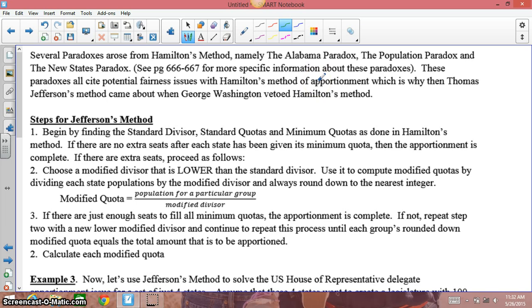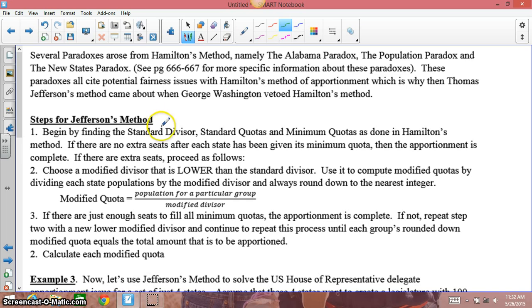It's not a huge concern in the class, but history-wise, if you're wondering, if you've got Hamilton's method, what's wrong? Why don't we just go with it? There are some issues that came up with that. So historically they moved into using Jefferson's method. He said there's got to be a better way of distributing those leftovers. So in comes Jefferson's method.